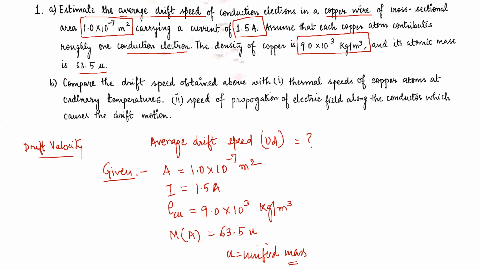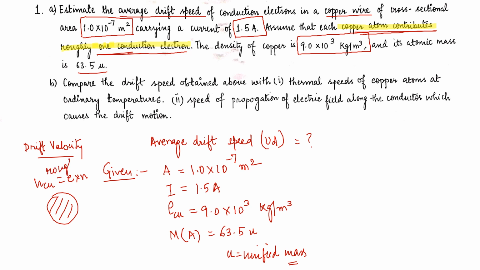There is one more statement given. See this: copper atom contributes roughly one conduction electron. So whatever number of copper atoms are there inside this cross-sectional area, that many electrons will be provided, roughly.